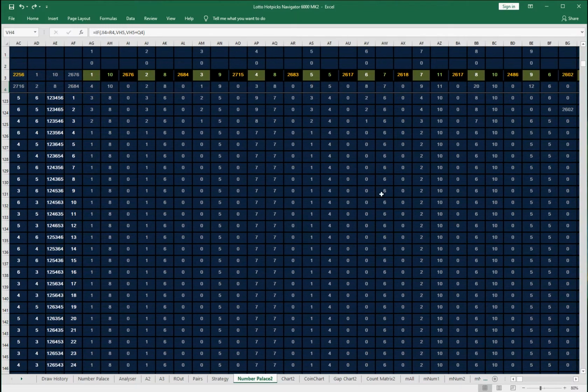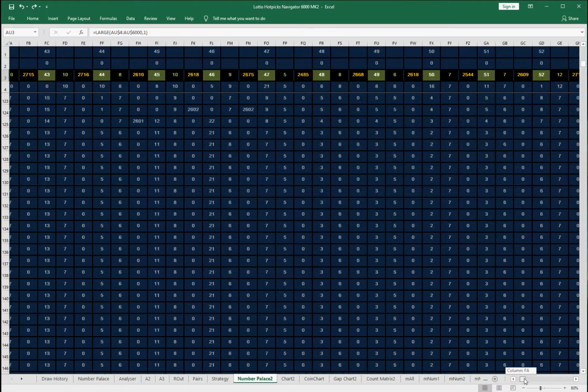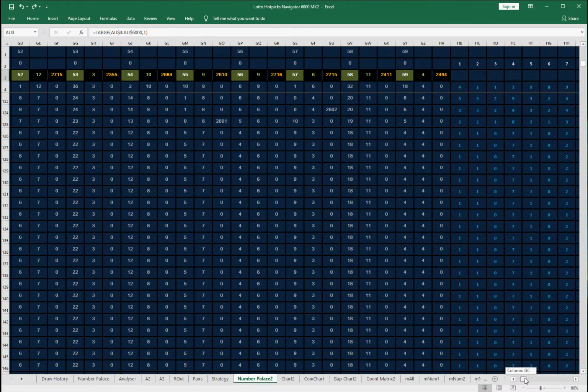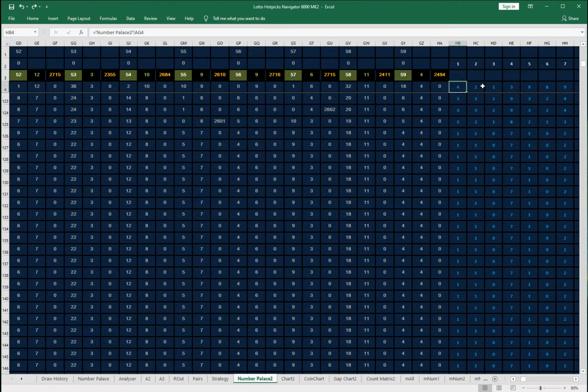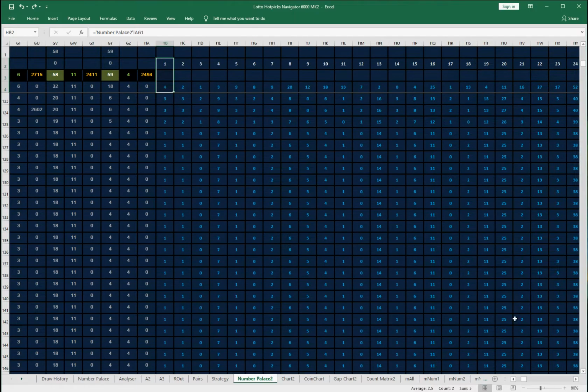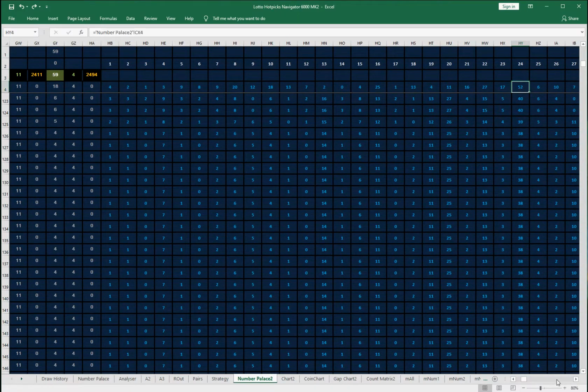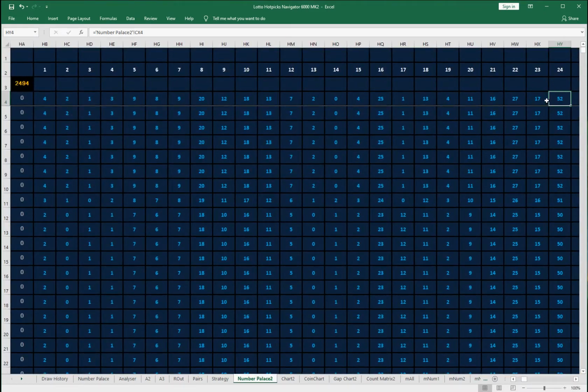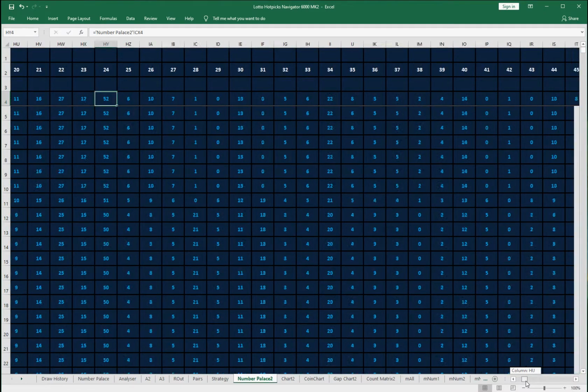So we have each number, each frequency, each most recent draw, and then we have this section where the blue numbers define the overdueness of each number, or in other words, how many draws in this data series it's been since that number was drawn. And so when you get to 24, the most overdue number, you see 52 draws. And that's specified in that cell just there.